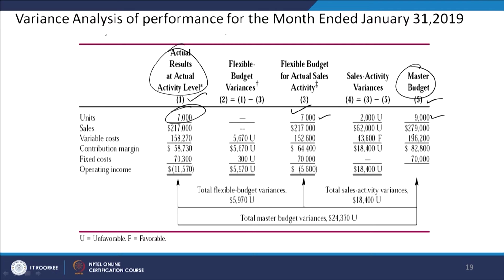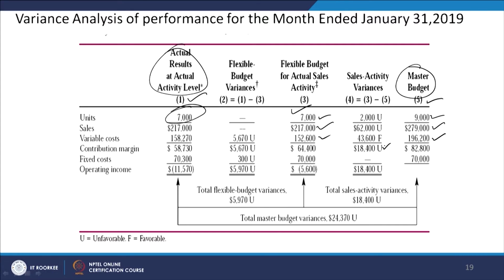So, sales minus variable cost, the contribution expected was 82,800 at the level of the master budget, but actually at the level of 7000 units it has come down. Because sales have come down, it is 64,400. So, this variance will also be negative and there is no serious problem about it.